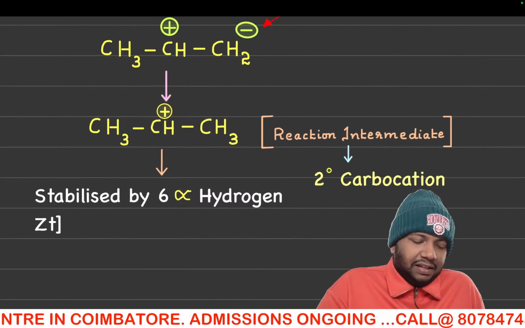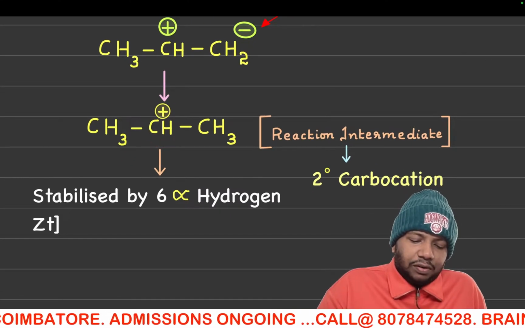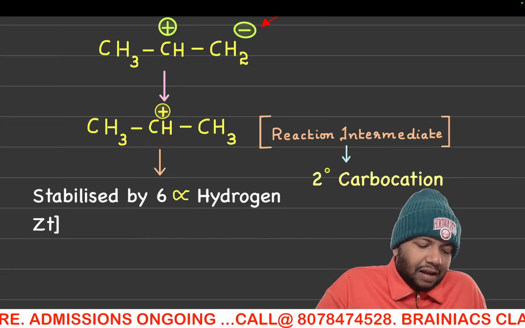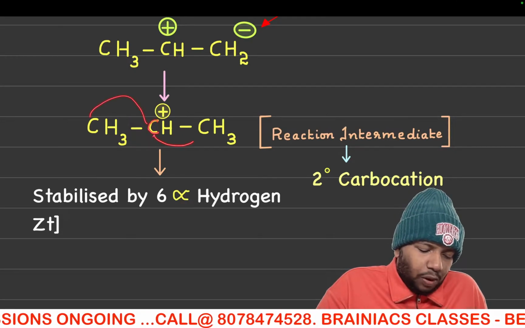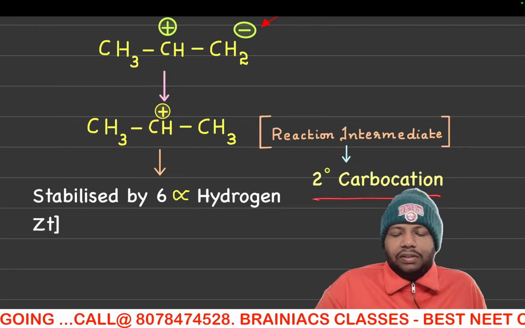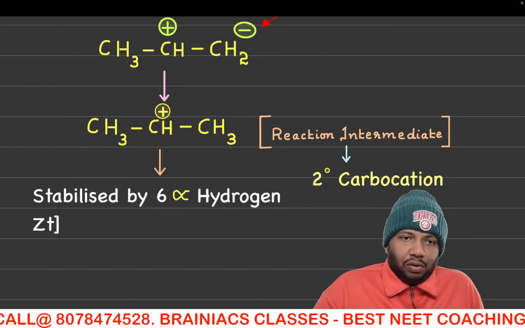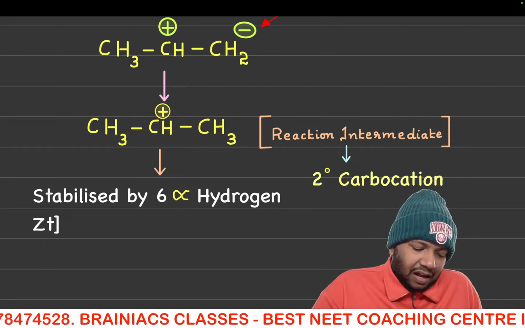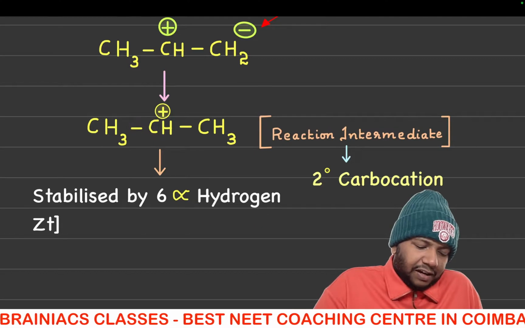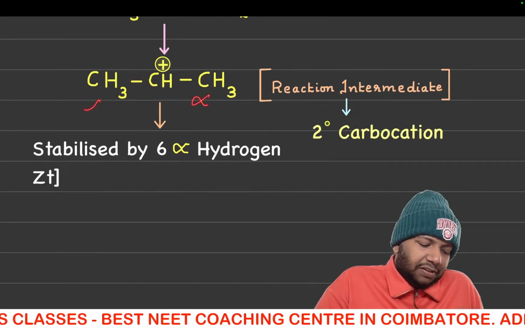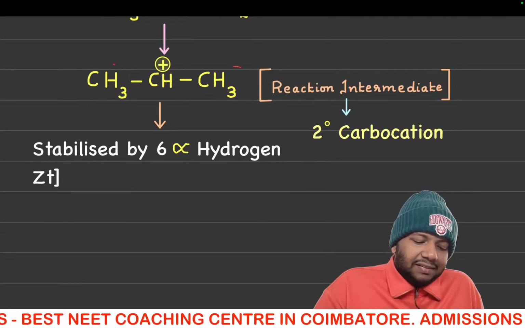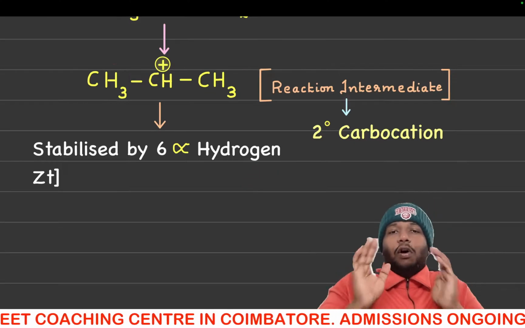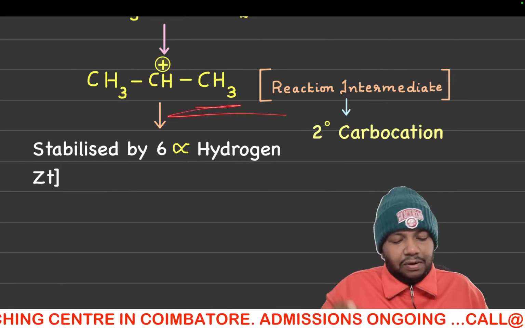This positively charged intermediate is called a carbocation, and it is on a carbon connected to two other carbon atoms, so we call it a 2-degree carbocation. It is stabilized by alpha hydrogens: this is an alpha carbon, this is an alpha carbon, so totally 6 alpha hydrogens are available for no bond resonance, and this is highly stable.